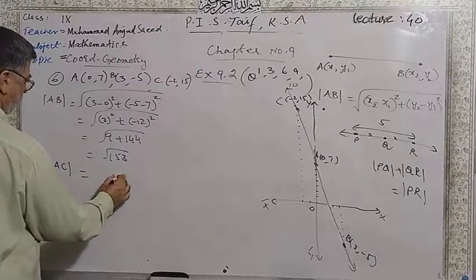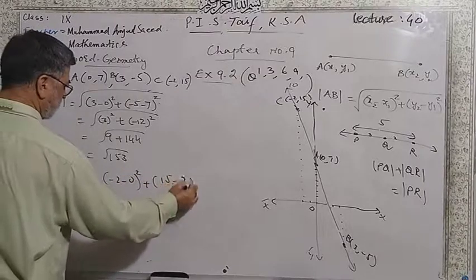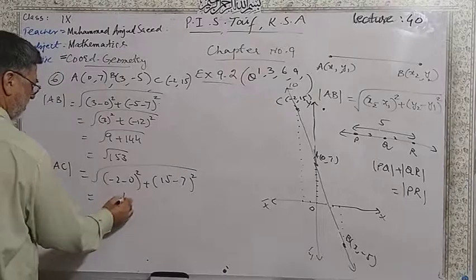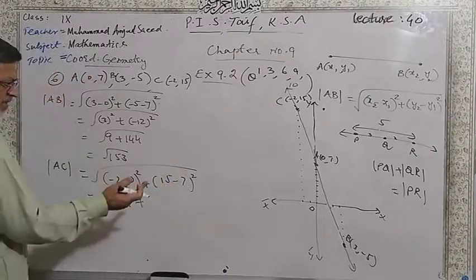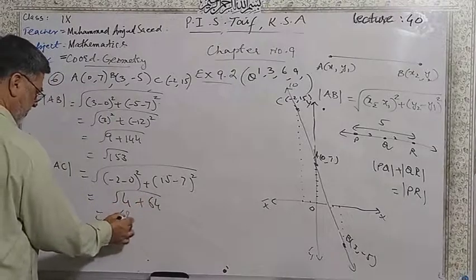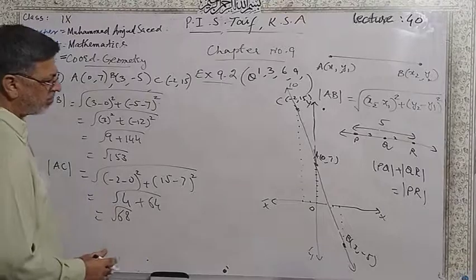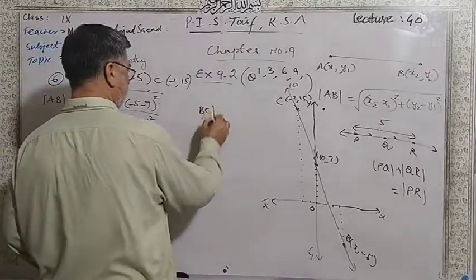The square root of (-2 minus 0) whole square plus (15 minus 7) whole square: 4 plus 8 square, which is 64, that will be root 68.